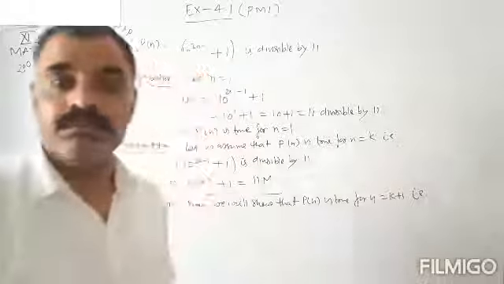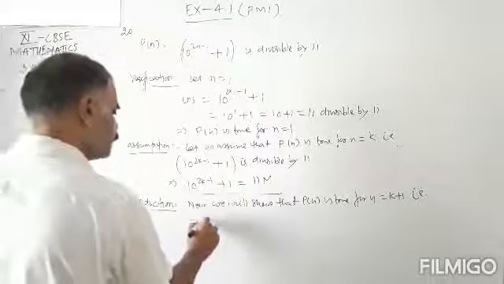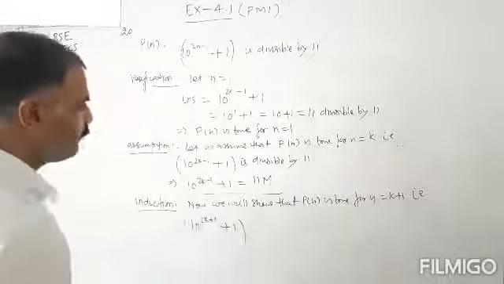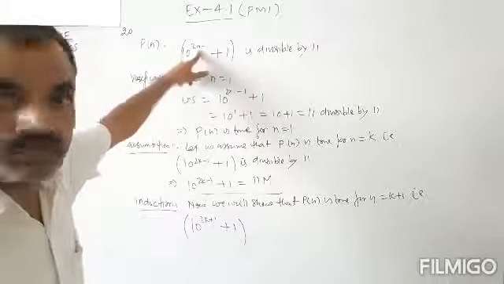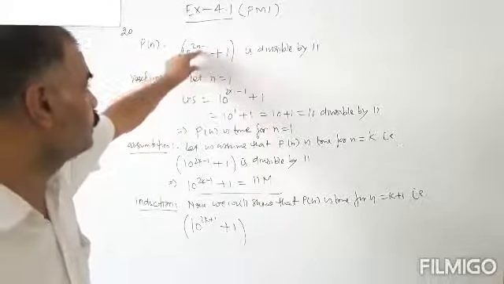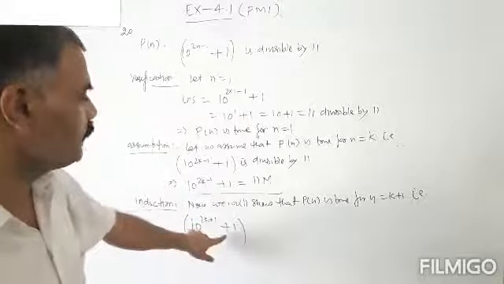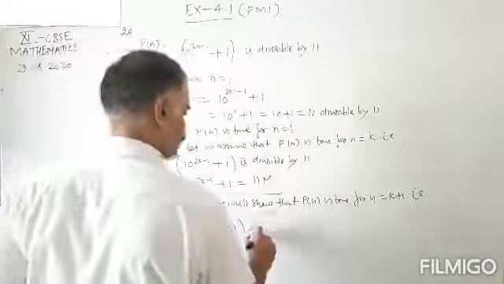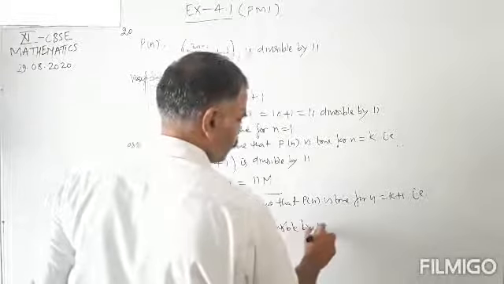That is what we want to show: put n equals to k plus 1, n equals to k plus 1 means 2k plus 2 minus 1, 2k plus 1. So 10 to the power 2k plus 1 plus 1 is divisible by 11.